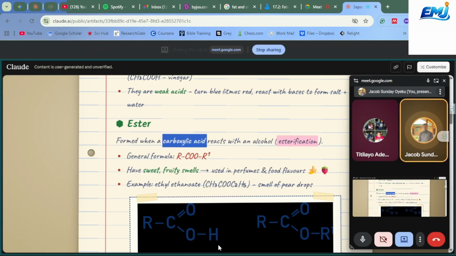This R, in organic chemistry, anytime you see them, they write R. R can be H, and it can be any other alkyl group. But in this case, the R1 cannot be H. Why will it not be H? Can you think about it? If R1 is H, what would that be?